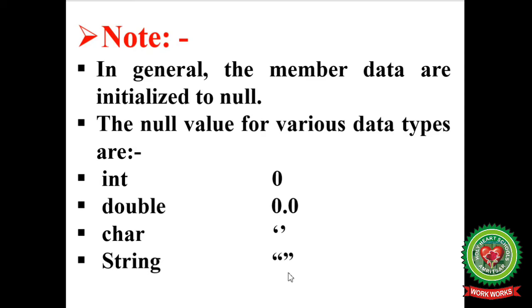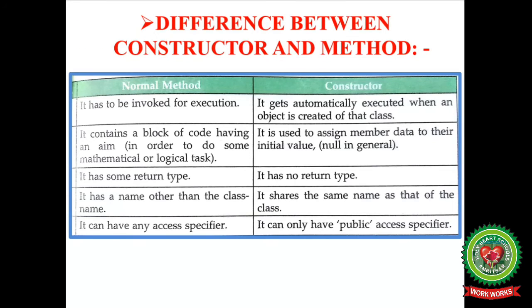Now come to page number 195 of your books. Difference between constructor and method. Normal method, it has to be invoked for execution, just as we had done. We have invoked it with the help of an object. Constructor, it gets automatically executed when an object is created of that class.